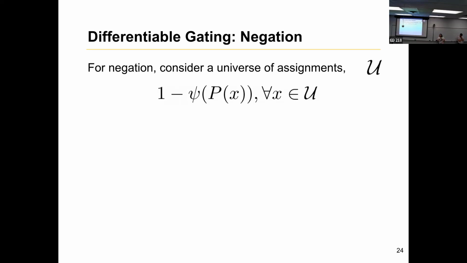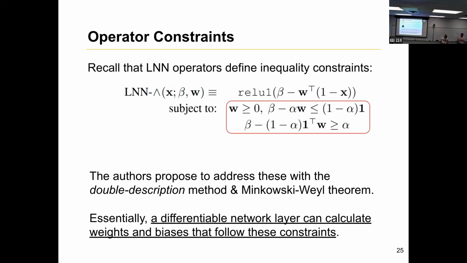So overall, that's how they make LNN more flexible, right? By being able to choose predicates at each node and so on, using just backpropagation. There are a few details. Like Matt mentioned, these LNN operators expect certain inequality constraints to be satisfied. And as we've seen in some other papers, people will solve this as a constraint optimization problem.